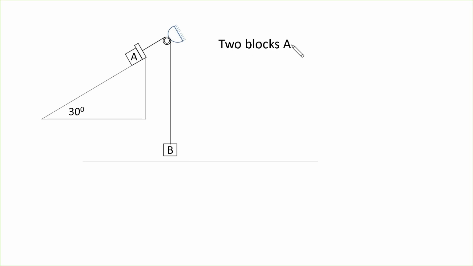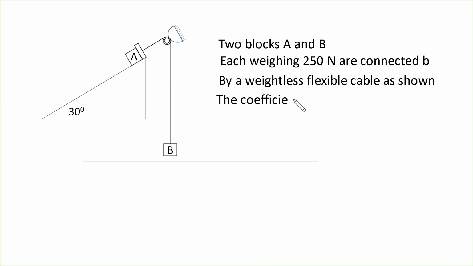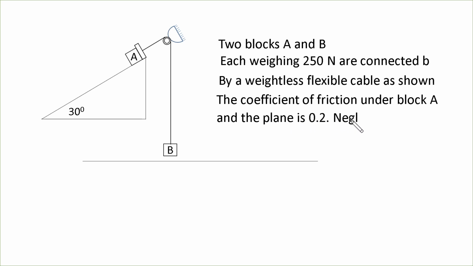Two blocks A and B, each weighing 250 Newton, are connected by a weightless flexible cable as shown. The coefficient of friction under block A and the plane is 0.2.